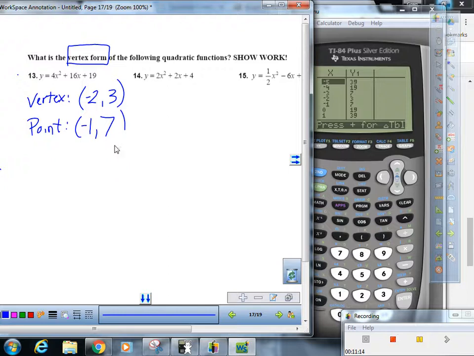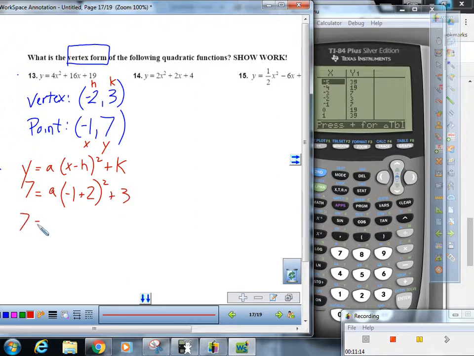So, once again, we'll go back to this. Here is our h, here is our k, here is our x, here is our y. Y equals a times x minus h squared plus k. 7 equals a times -1 plus 2 squared plus 3. 7 equals a times -1 squared is just 1.